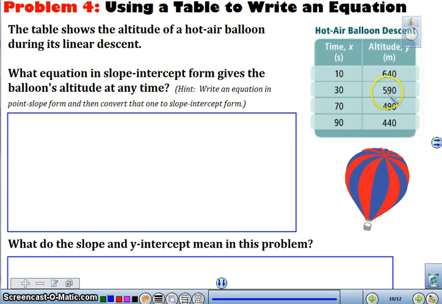One of the first things you can easily do is you can check what is your slope. You're going to take your change in y divided by change in x. So m first, we need to find our slope. And in this case, if we take 590, our second point, and subtract 640, divided by 30 was our time in seconds, 30 seconds minus 10 seconds.